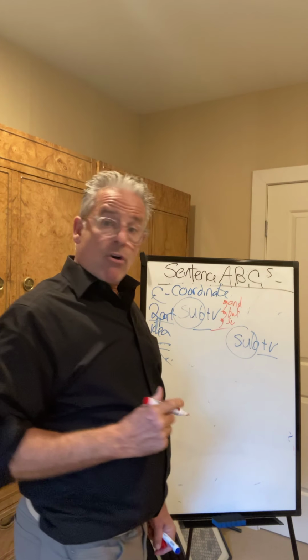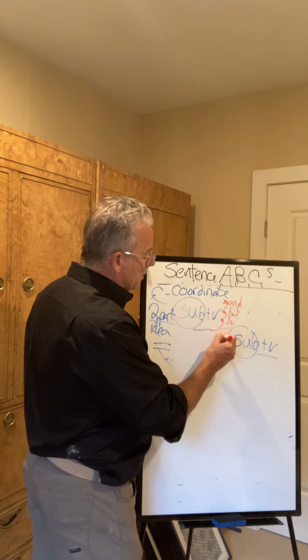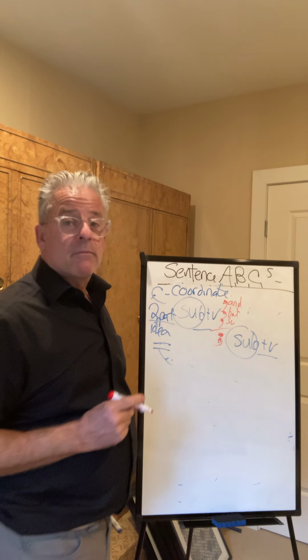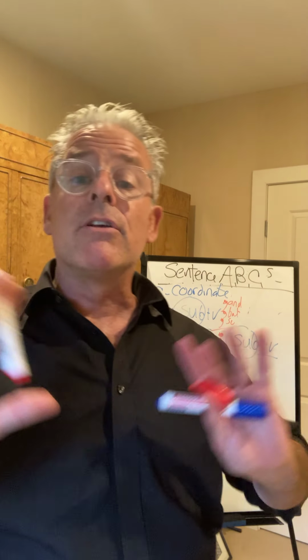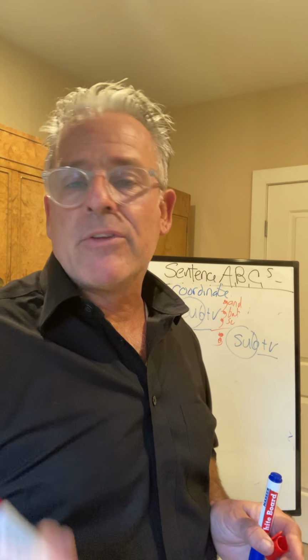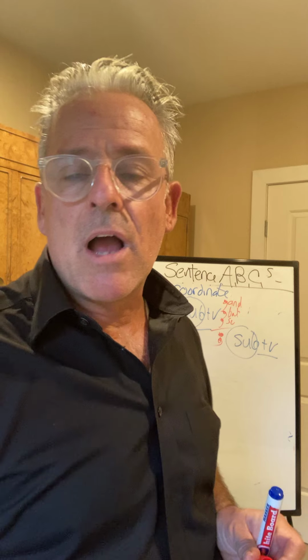Or if I prefer, I could throw a semicolon in there just to show off. You can live a perfectly fine life and never use a semicolon, so don't worry about it. But, you know, I like to show off in all my emails. I put a semicolon every once in a while in a coordinate sentence, just because I'm an English professor and I want them to know that I know how to use a semicolon.